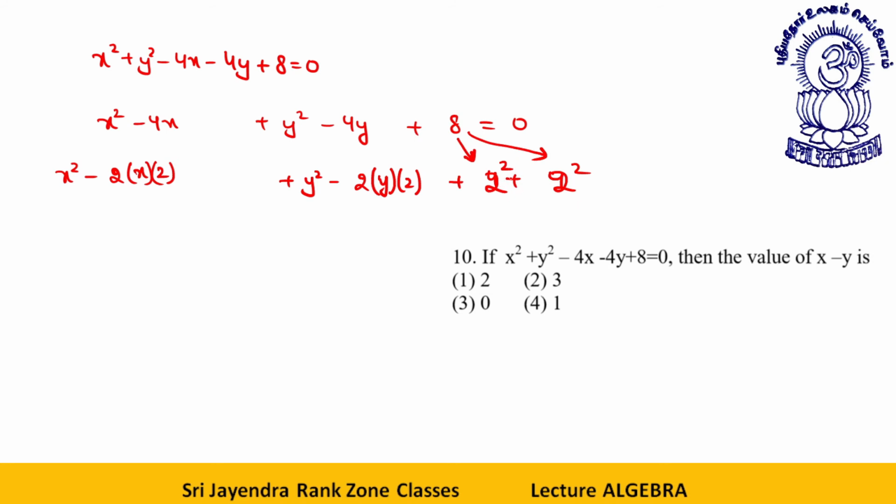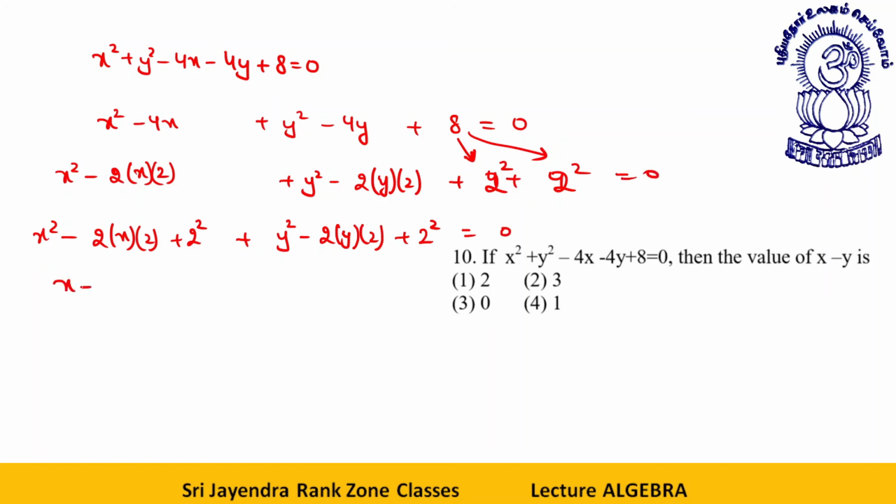Now one 2 square comes over here with x, and the other with y: x square minus 2 into x into 2 plus 2 square, plus y square minus 2 into y into 2 plus 2 square, is equal to 0.